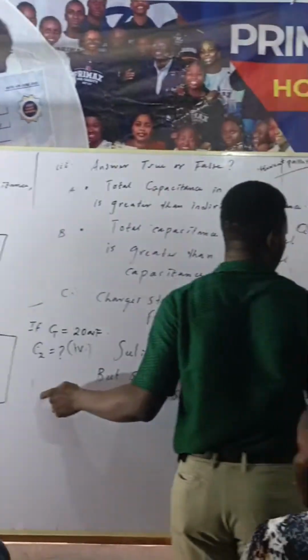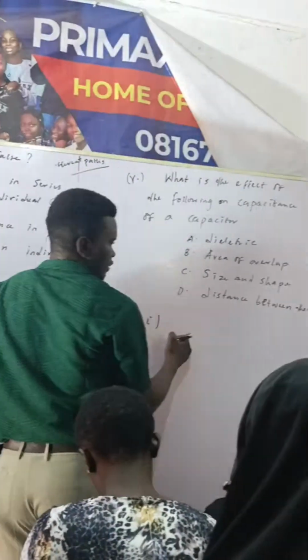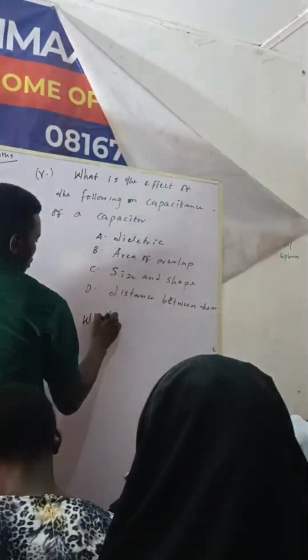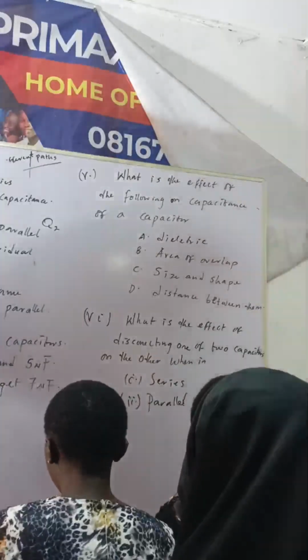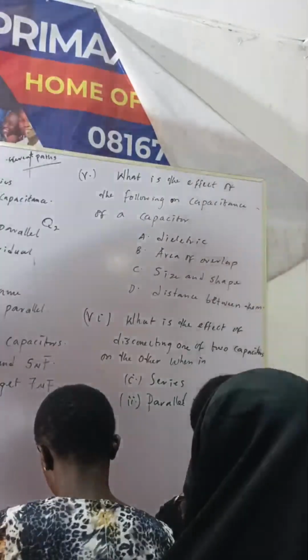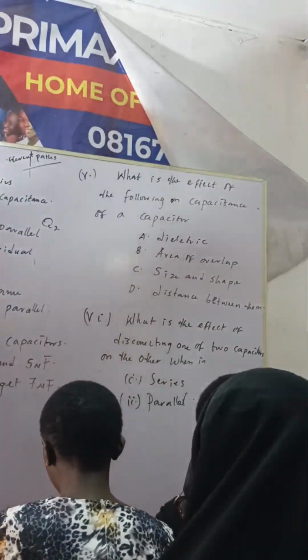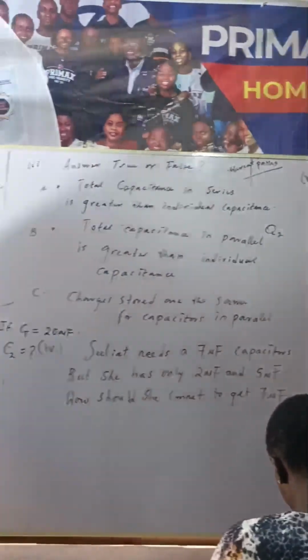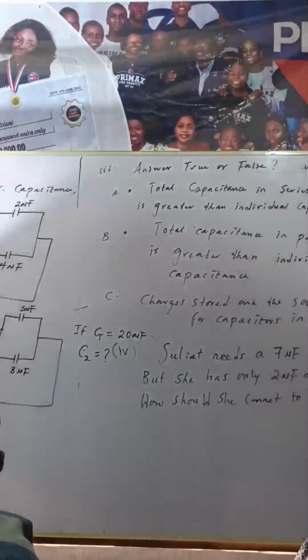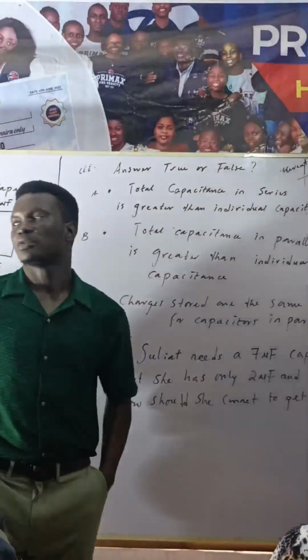Number 6. Parallel. What effect does he have on the first and the second? That's the question. So think about that. Can we rub the board now? Yeah, let's be fast.